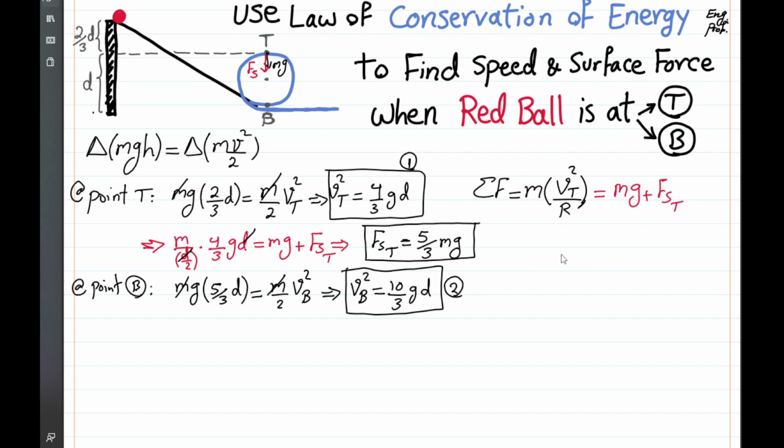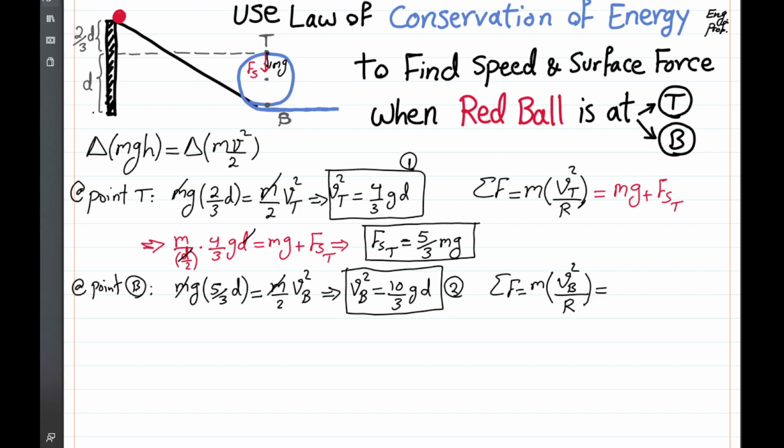In this case, sigma F equal to m times v of the ball at the bottom to the power 2 divided by r, where r is d over 2, the radius of the circle. At the bottom, we need to be careful. Let me move this B to here so that we can better discuss this point.